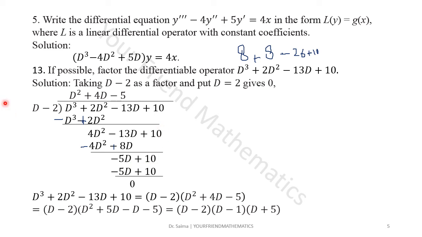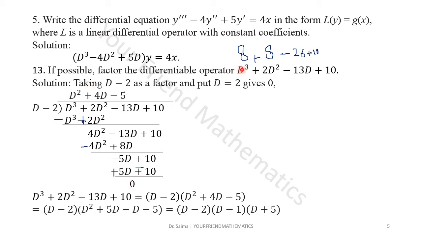Then we multiply D by minus 5 to get minus 5D, and we multiply minus 2 by minus 5, we get plus 10. By changing the sign, we get here minus 5D and here minus 10. So minus 5D plus 5D we get 0, and 10 minus 10 we get 0. Now it is completely divided and the remainder is 0.